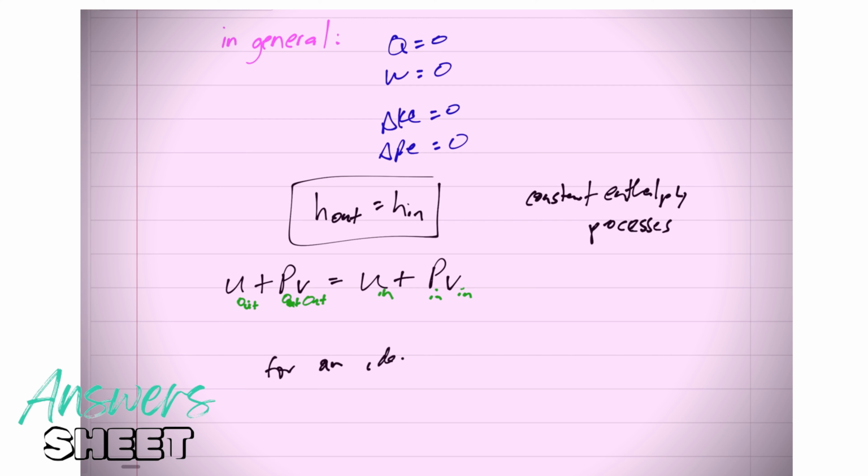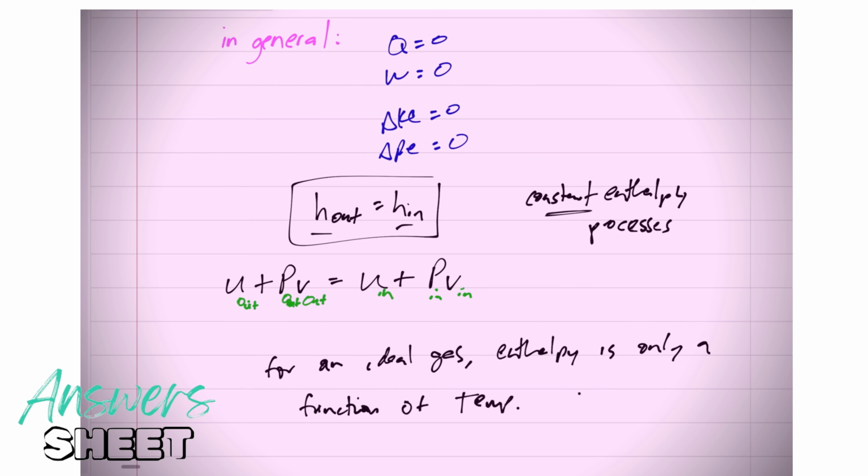For an ideal gas, enthalpy is usually only a function of temperature. And so if enthalpy is constant, temperature is constant.